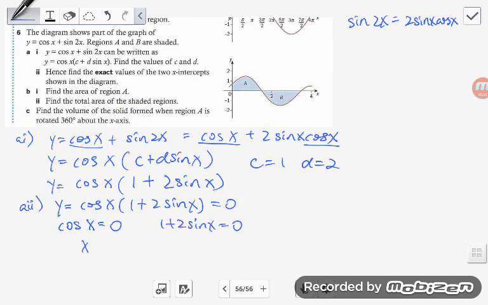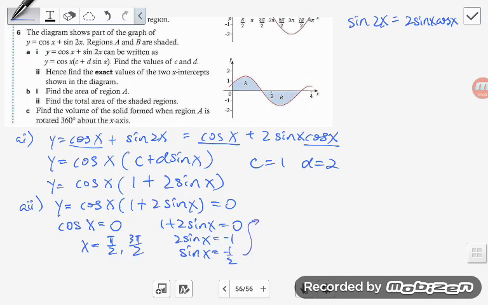Cosine x equals 0: if I look at my unit circle, cosine is my x coordinate, so it's either pi over 2 or 3 pi over 2. For 1 plus 2 sine x equal to 0, 2 sine x is equal to negative 1, so sine x is equal to negative half.